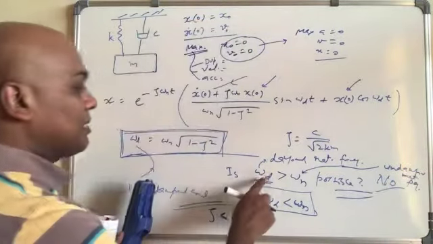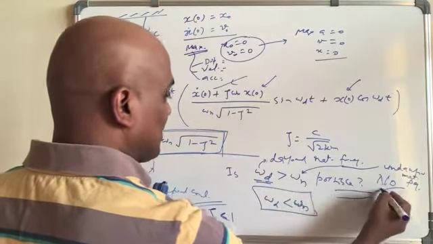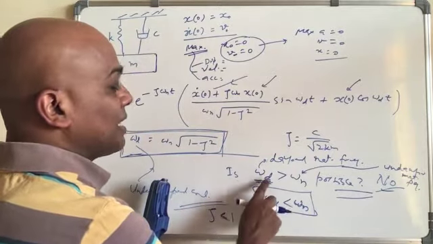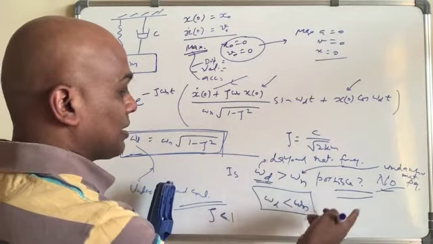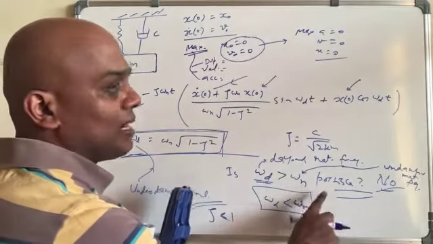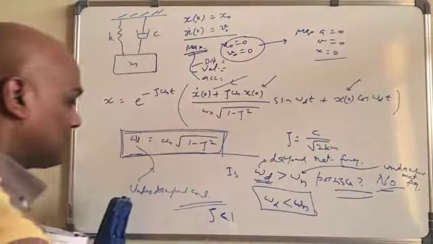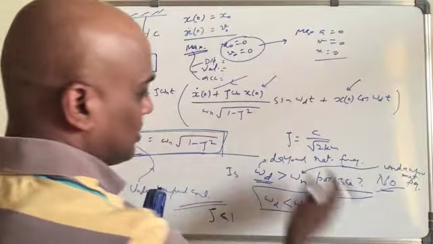Okay. So can omega d be greater than omega n, is it possible? Answer is no. And if I say the damped natural frequency can be bigger than the undamped natural frequency, the answer is false. Okay. So this was the question.